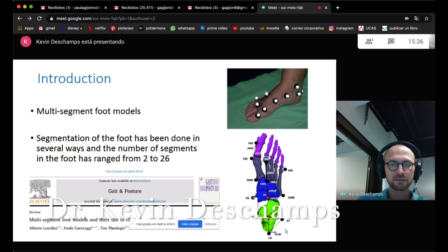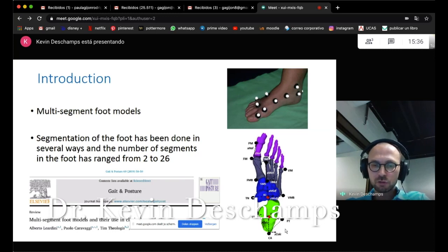Over the last 3 decades, several methods have been proposed to improve the kinematic analysis of foot segments, and these have been termed in the literature multi-segment foot models. Those who are interested in that, have a look at it, and you will find under the MeSH term or the simple keywords multi-segment foot models already a number of publications.